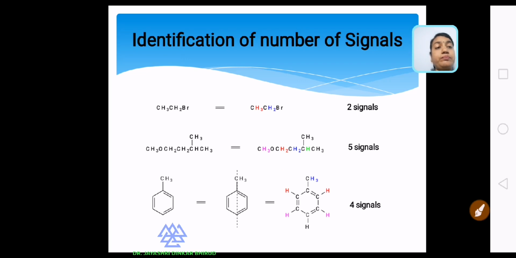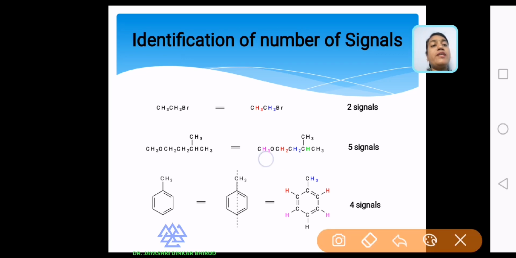So, the total number of signals is: first one signal for this CH2 group, second for this CH2 group, third for this other CH2 group, fourth for this CH group, and fifth for these two CH3 groups. Therefore, the total number of signals is 5.